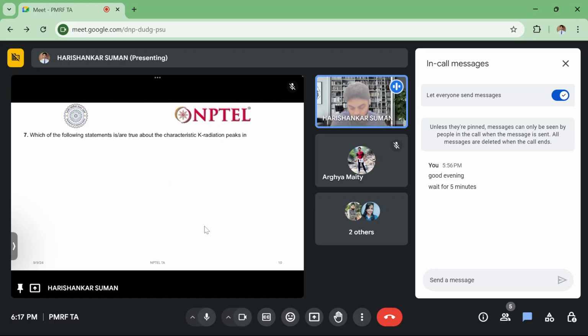Next question: which of the following statements is true about the characteristic K radiation peak in X-ray? There are the orders of K alpha, K beta, K gamma, K alpha 1, K alpha 2 and K beta, corresponding to the radiation taken from the material. So please choose the right option.